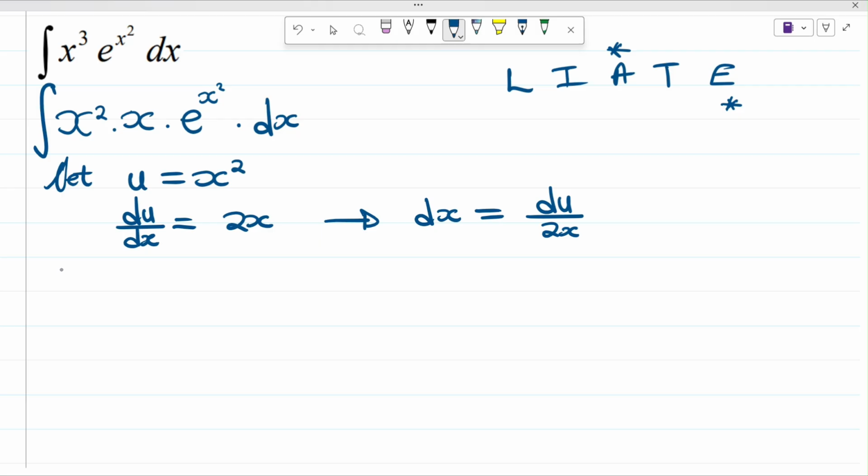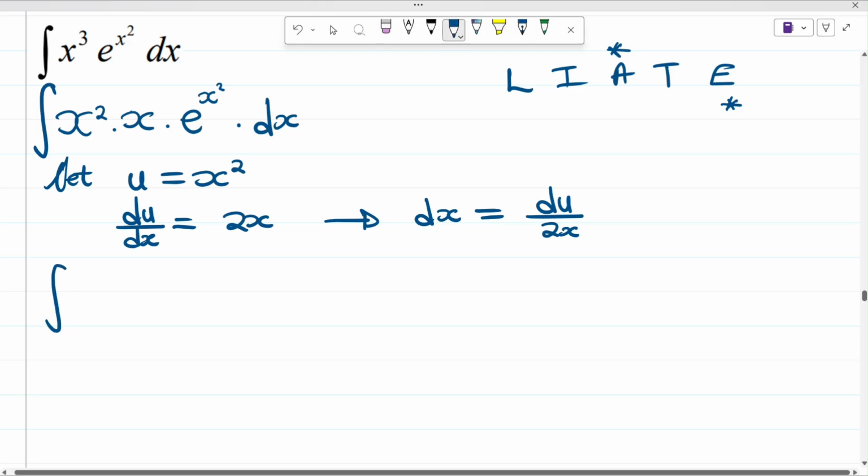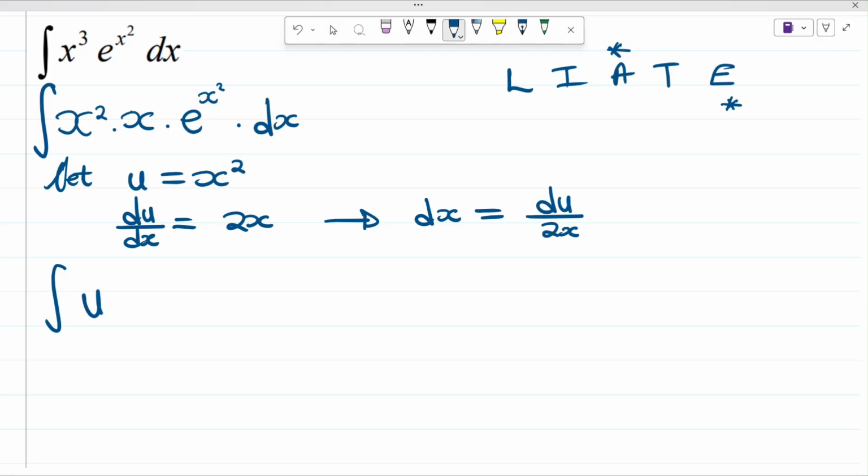Now when I substitute, it's gonna be as follows. I'm rewriting my equation with respect to u. Where there is x squared, I'm gonna substitute u, and where there is dx, I'm gonna substitute du over 2x. Where there is e to the power x squared, I'm gonna write e to the power of u.